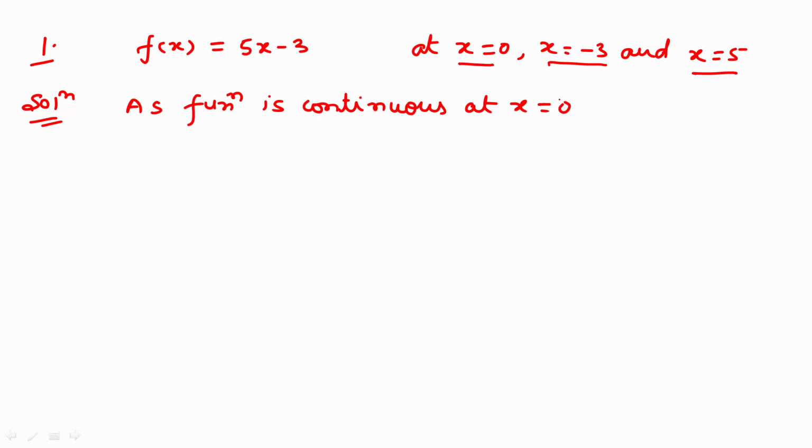If any function is continuous at x is equal to a, then, as you know, in such type of question we don't need to take left hand limit or right hand limit separately. We have to take only limit x tends to 0 f(x) is equal to f of 0, as we have already explained in part 1.